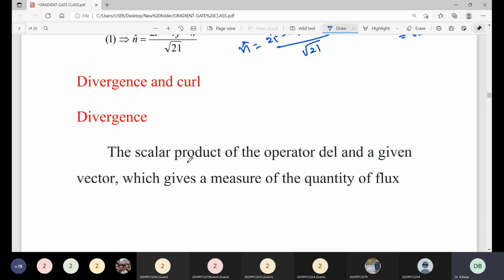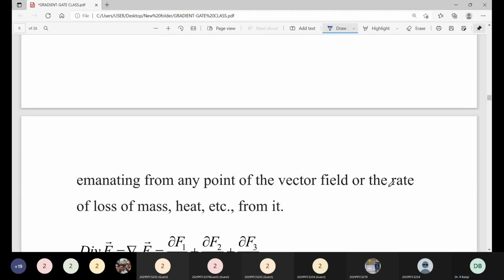Divergence. The scalar product of the operator del, the symbol del, and a given vector, which gives a measure of the quantity of flux emanating from any point of the vector field, or the rate of loss of mass, heat, etc. from it.